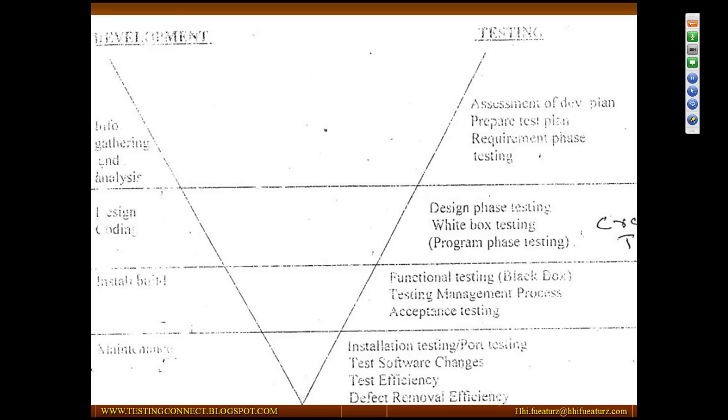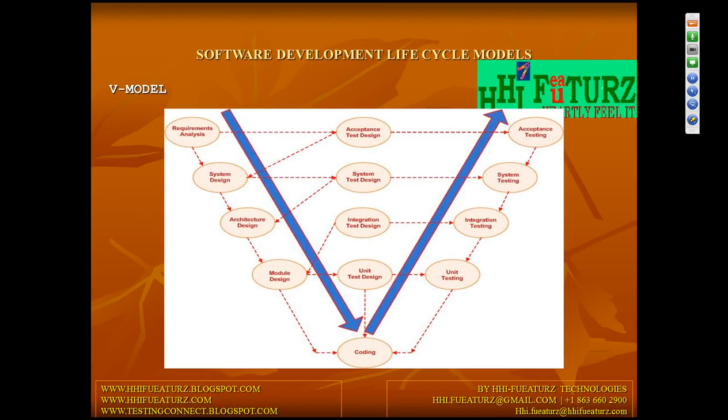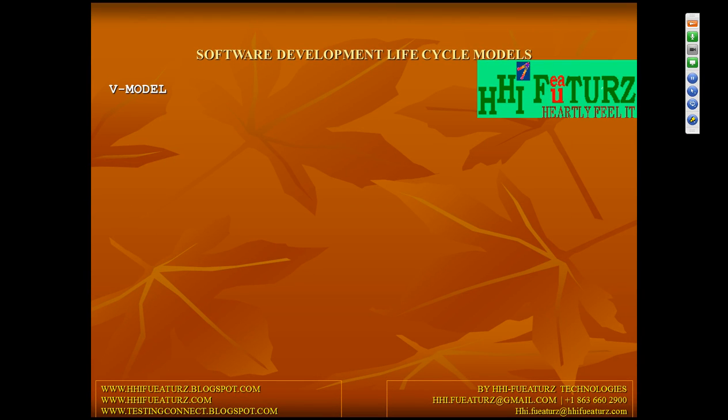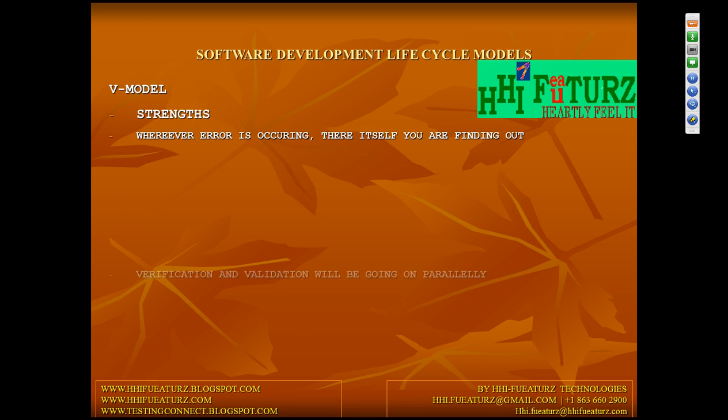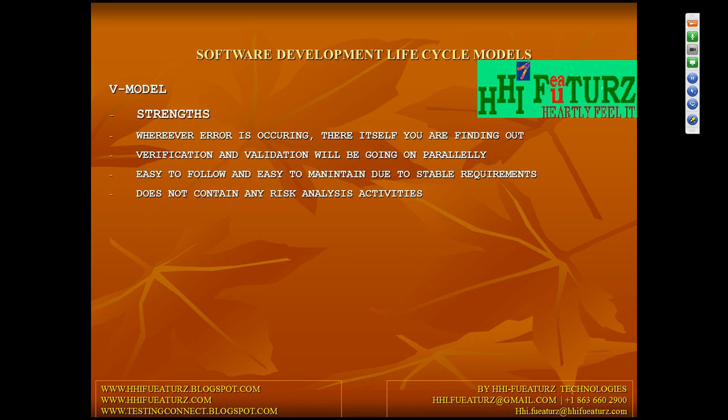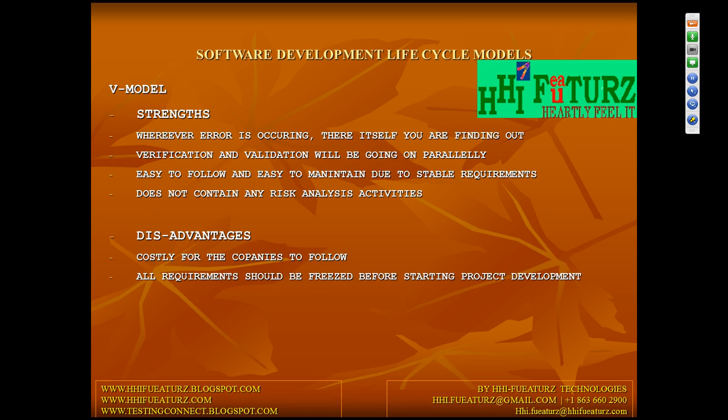In V model, in design phase and development phase, all developers, testers, all team analysts, all team members get involved. Okay, so that means whatever phase is going on, whatever things are getting ready, there itself you are trying to find out issues and resolve them. So that is the major advantage of V model.